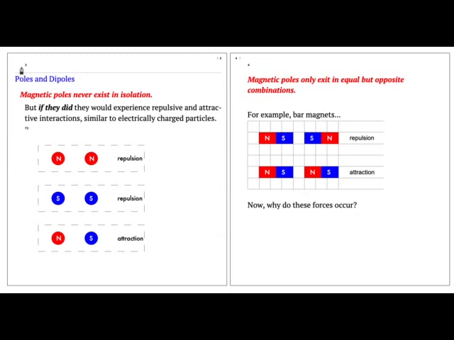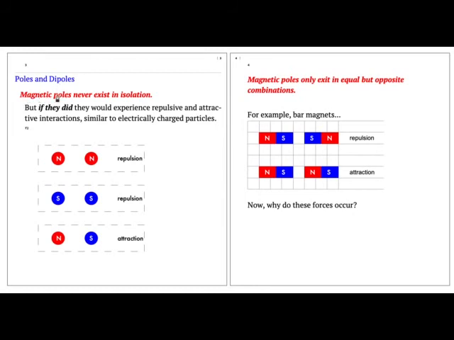Well, we can describe the forces in terms of poles and dipoles. Poles refer to the north and south pole of a magnet. But magnetic poles never exist in isolation. Any magnet, any piece of magnetized material, will have both north poles and south poles.